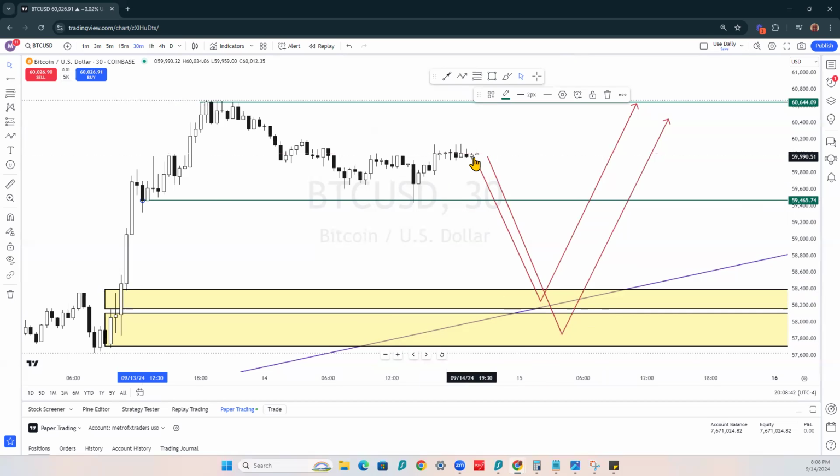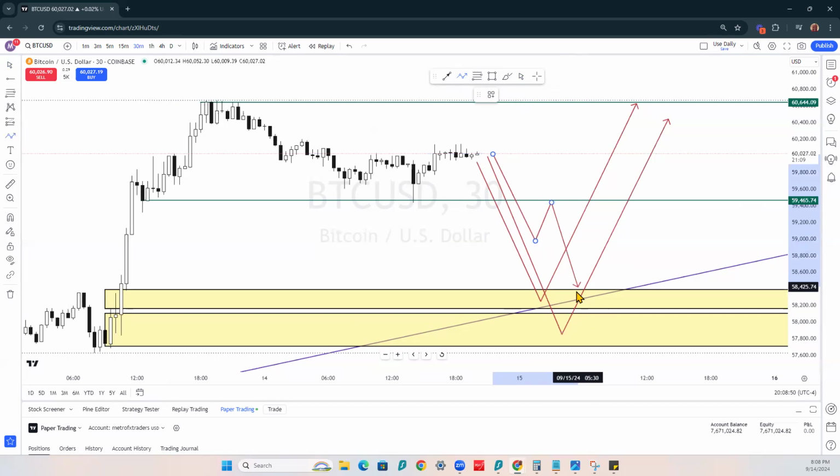Okay. Now, if it does one of these numbers, go straight to the green, you're going to go back up to touch the green, and then go down here. That's one prediction. Okay. Or it'll stretch out and go down here and go back up.